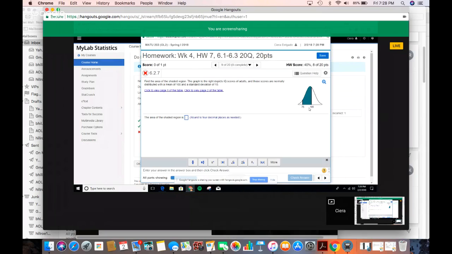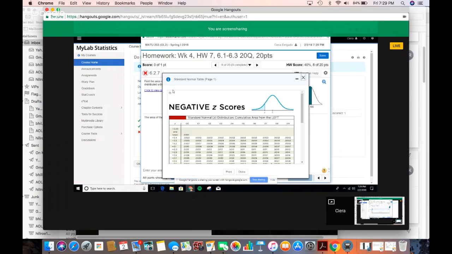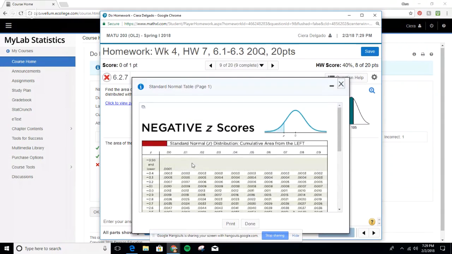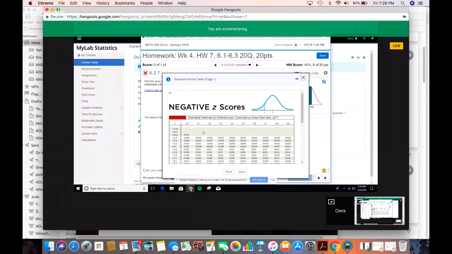Go to the table. Let's refer to the z table. I don't think it's going to be negative though. Yeah, I don't think it's going to be negative either.